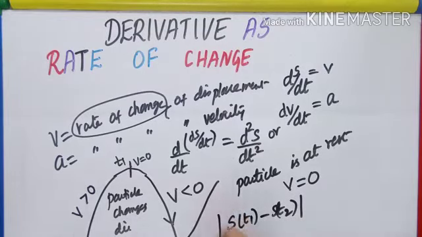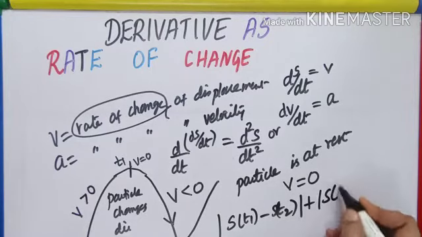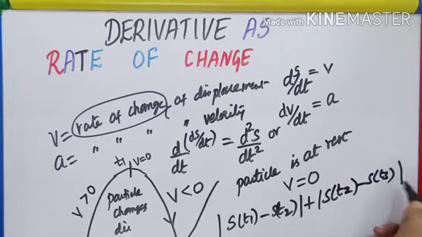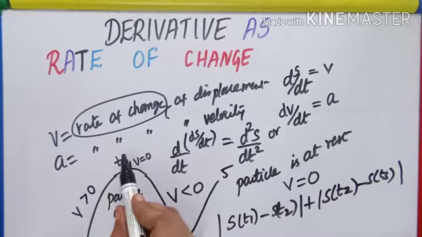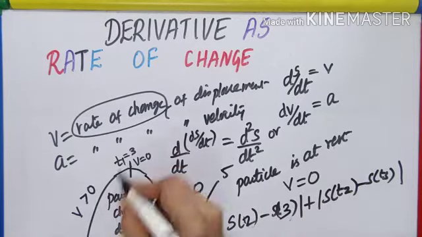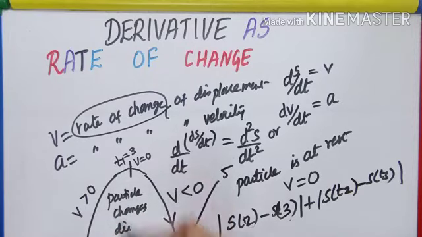So there are so many partitions we have. We add them all. T2 minus T3. So from 2 we need to start. Suppose my question is from 2 seconds to 5 seconds, and it is changing direction at 3 seconds and 4 seconds. How will I write it? S of 2 minus S of 3, because that is one distance, one direction.